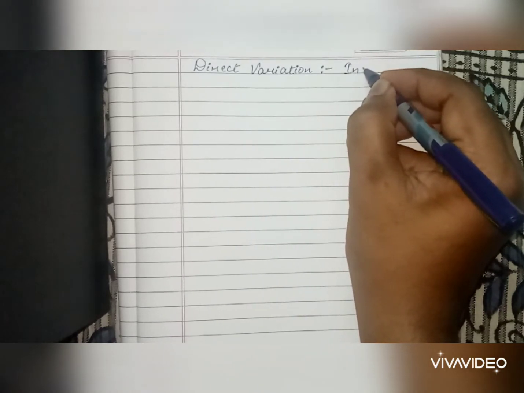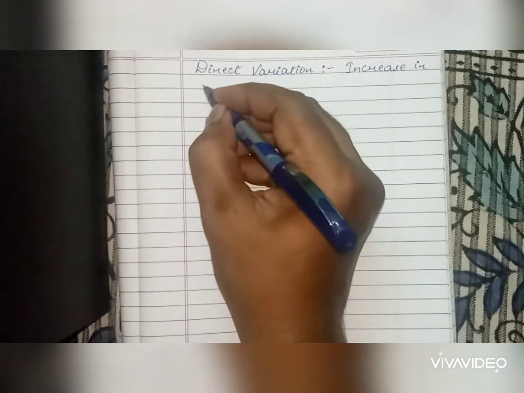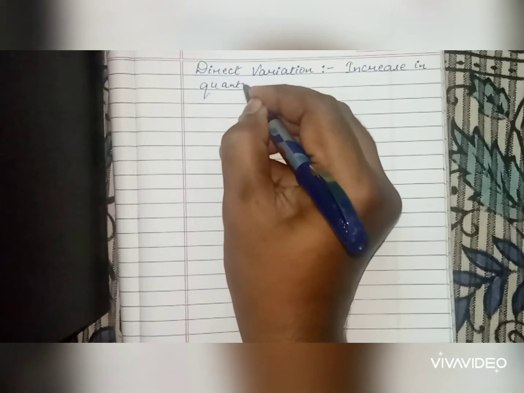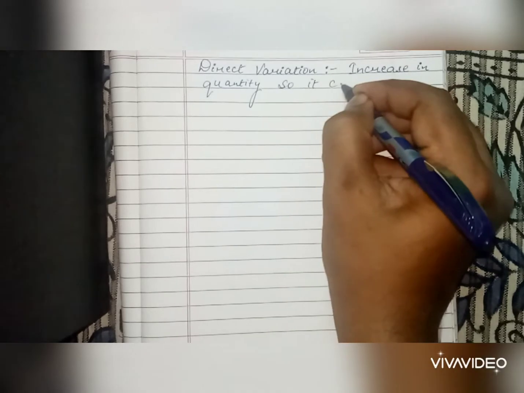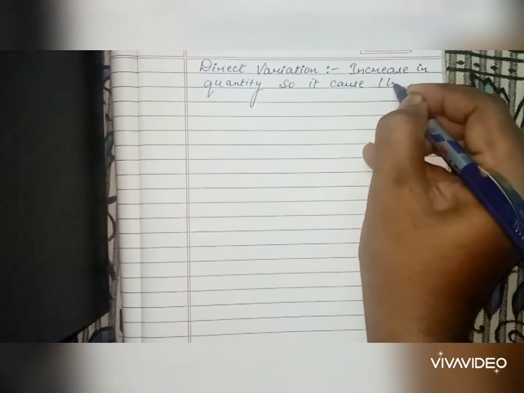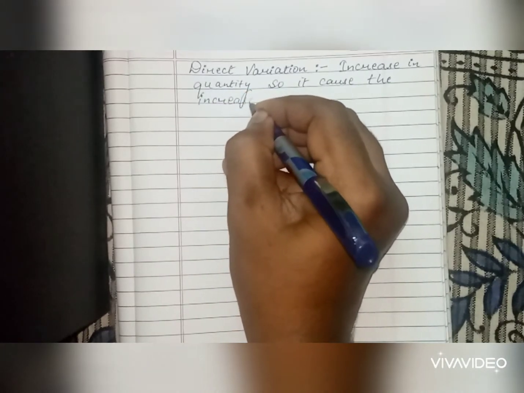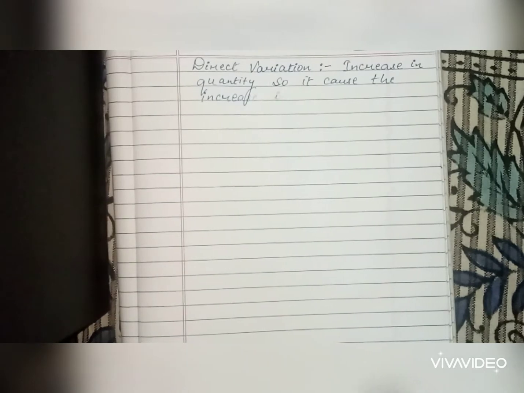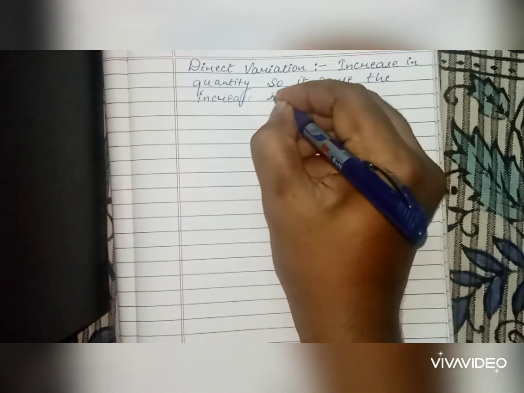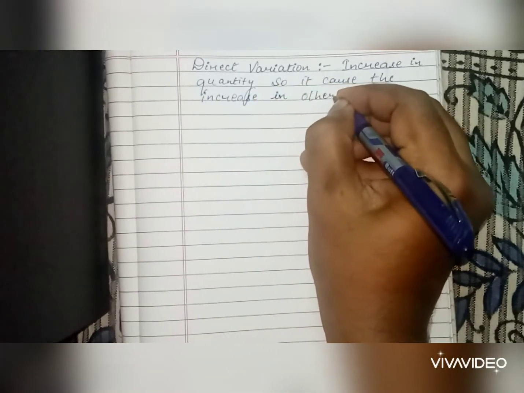In direct variation, if there is an increase in one quantity, it causes an increase in the other quantity.